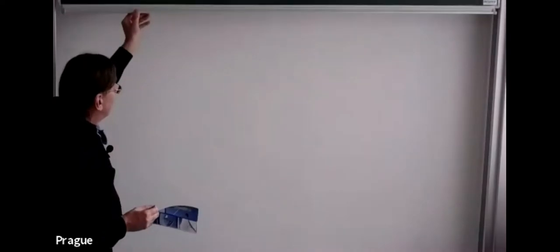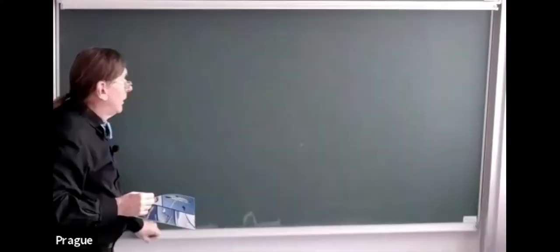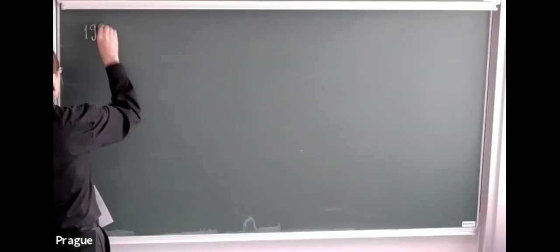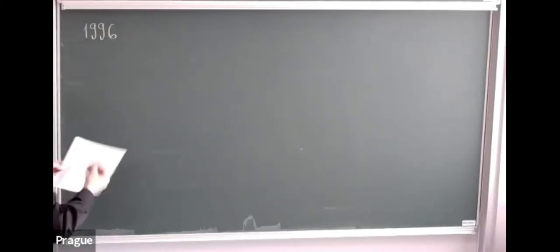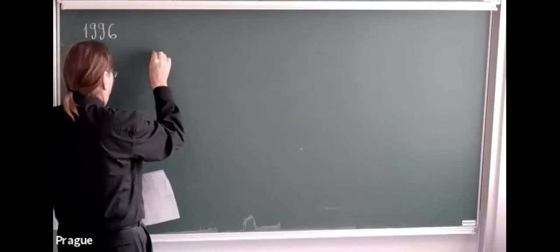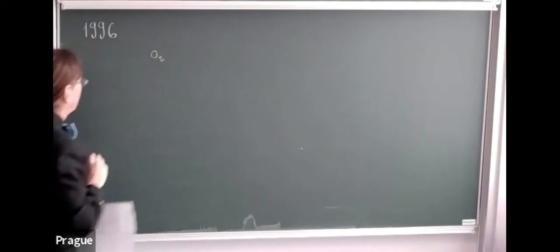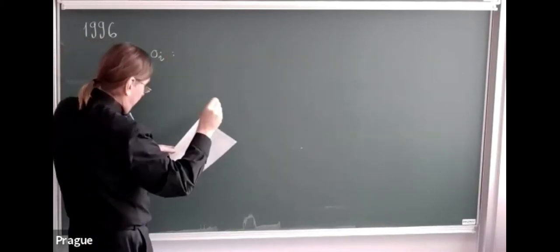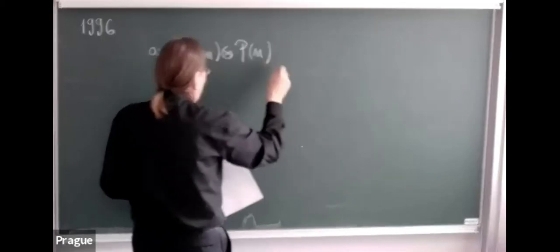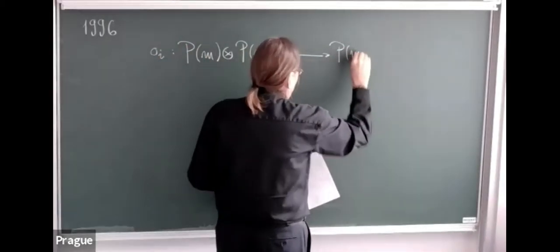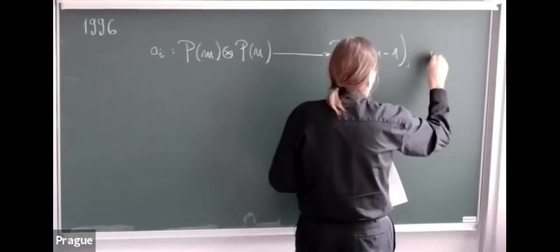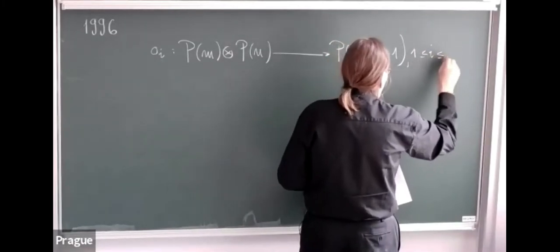And later on, in 1996, I introduced another version of the definition of operad, which was based on circle-i operations, which were maps from P_m times P_n into P_{m+n-1}, where i is between 1 and n.